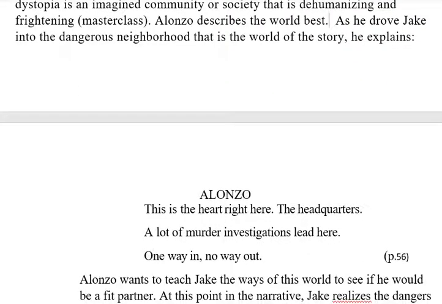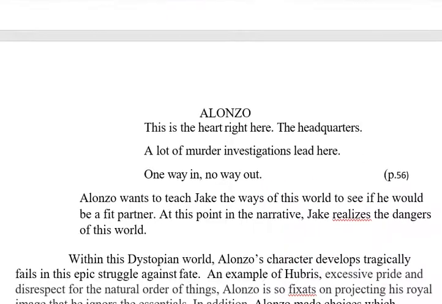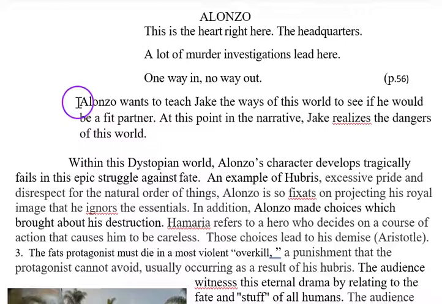We have the definition, we have Alonzo's own words, and then we have the transition sentence. Wants to teach Jake the world of the story, see if he could be a fit partner. At this point in the narrative, Jake realizes the dangers of this world. Okay. We got to fix this, don't we? Because that's not a real transition sentence, since we already described the world.